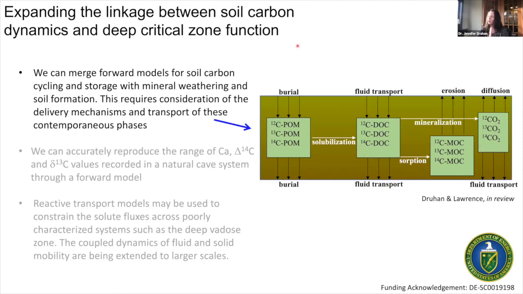So I have said a lot, and I apologize for the speed, but just to give you an overview, this is our new sort of cartoon that came from mashing those two models, one for carbon respiration and one for mineral solubilization and weathering, into one framework. This is basically what you need in order to put them all together and get carbon to age in these reactive transport models.